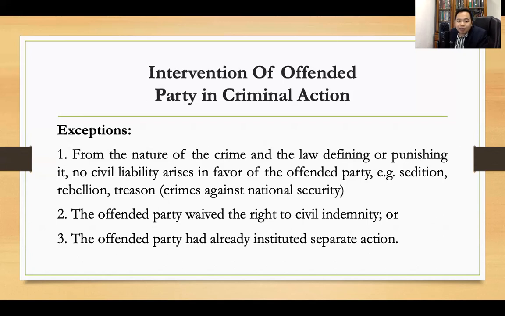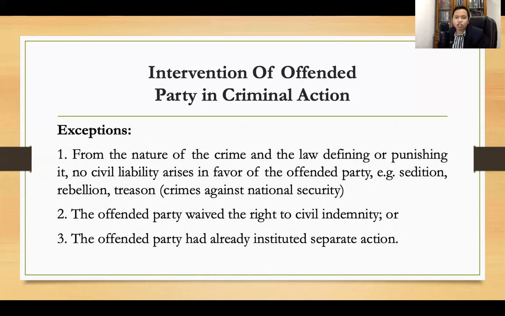For example, class, the crime of sedition, rebellion, or treason. You remember, class, the Oakwood Mutiny? In one of the hotels in Makati? These are crimes without civil liability because the offense is committed against the government of the Philippines.